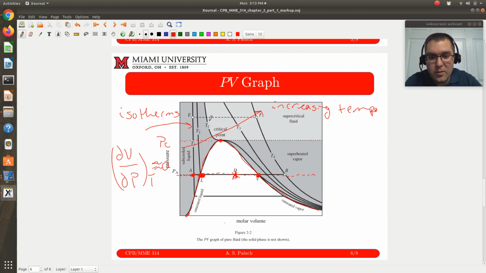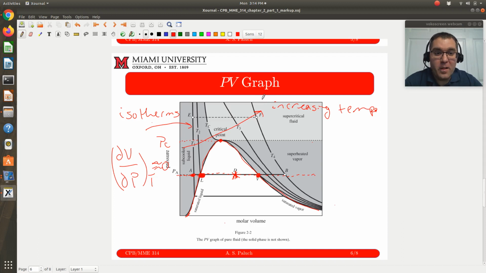You can definitely see it's more compressible at the critical point, and then beyond Tc, in which I have either supercritical fluid or superheated vapor, I'm going to have a compressible fluid. Just by looking at the slopes here and how they're decreasing until I hit the critical point, I can pick up that this is low temperature compared to high, increasing temperature.